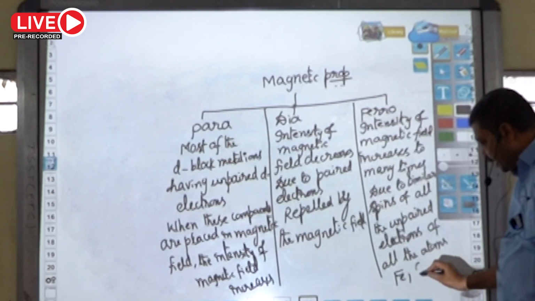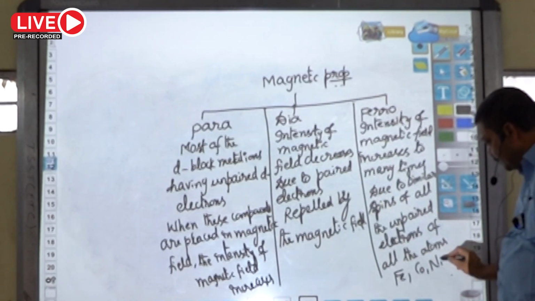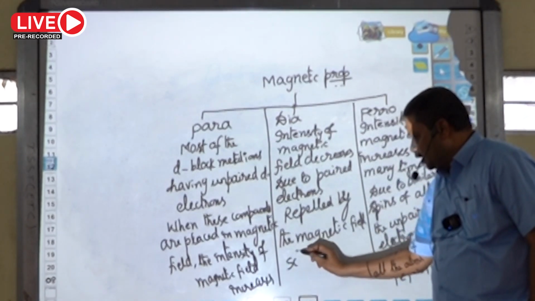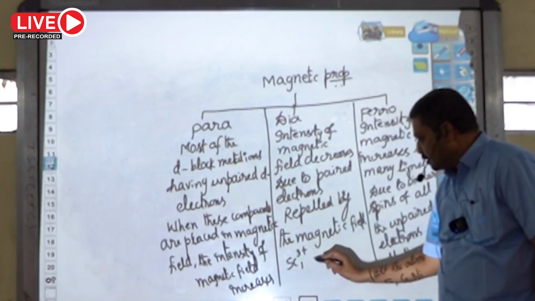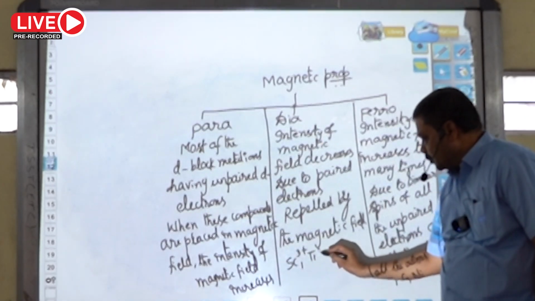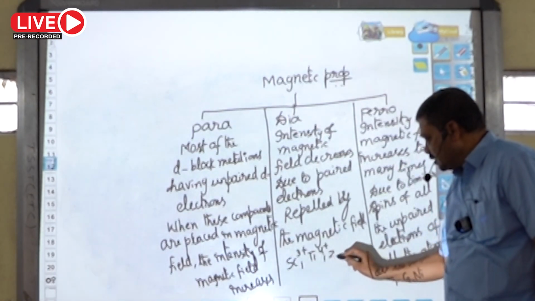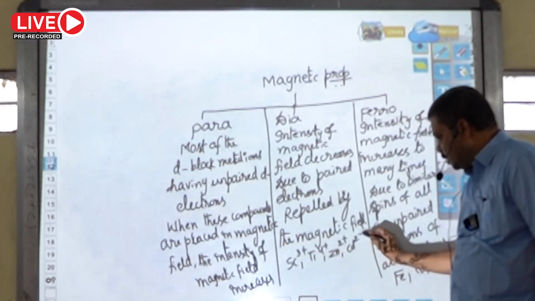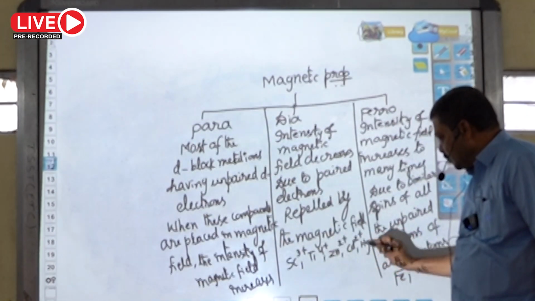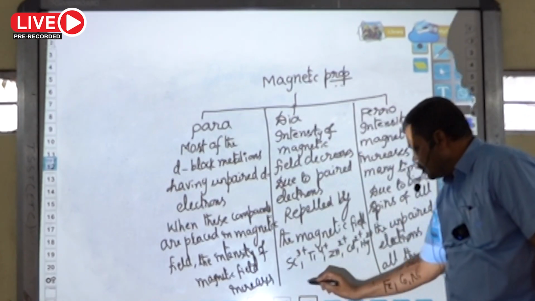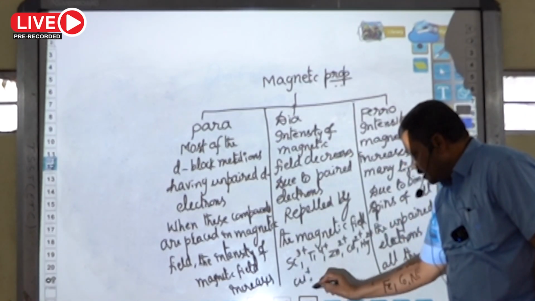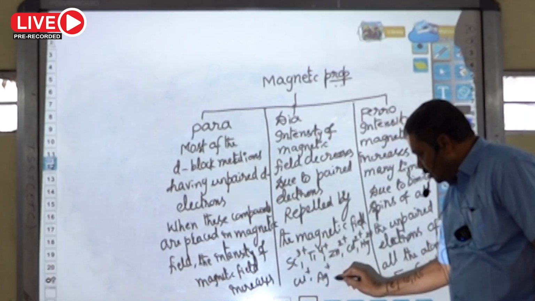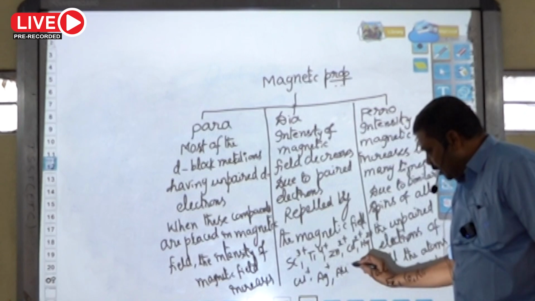Iron, cobalt, nickel, scandium 3 plus, titanium 4 plus, Zn 2 plus, cadmium 2 plus, mercury 2 plus, copper plus, Ag plus, Au plus.